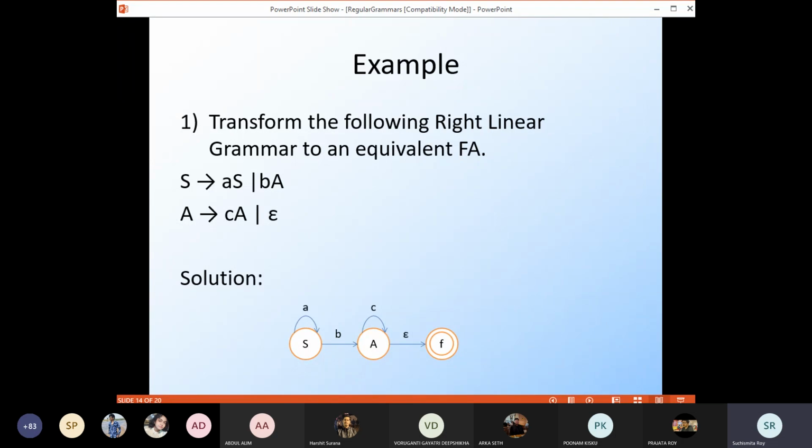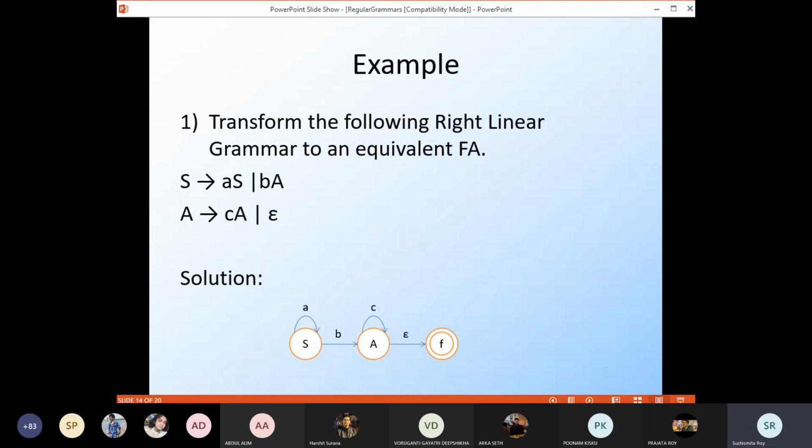So what we are going to do is transform the given right linear grammar. I think we have seen this before. This is a star, b, c star. And we are converting it to the equivalent finite automata. Now, all of you have done enough work with finite automata and regular expressions to be able to create the finite automata without any trouble.